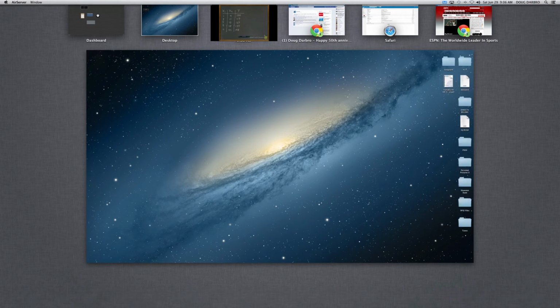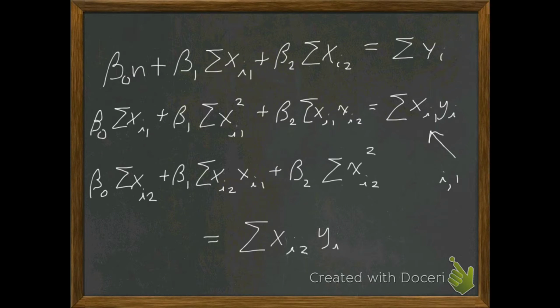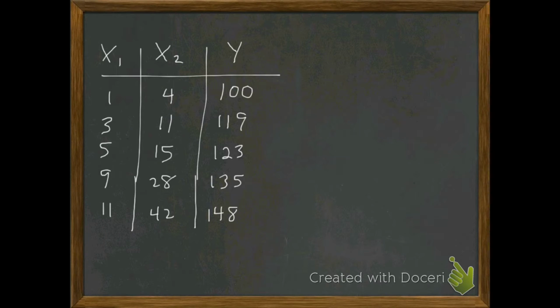All right, gang. What I want to do is just illustrate the normals back here and see how this all works. So the very first thing I'm going to have is beta 0 times n. I'm just going to cut to the chase here, and all I want to do is create the matrix.